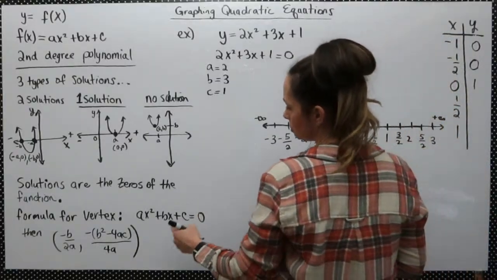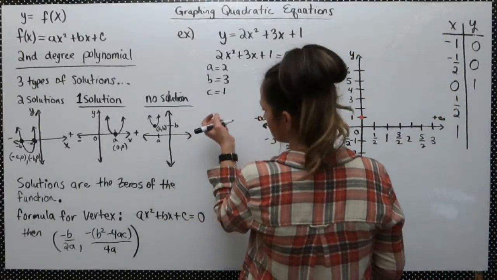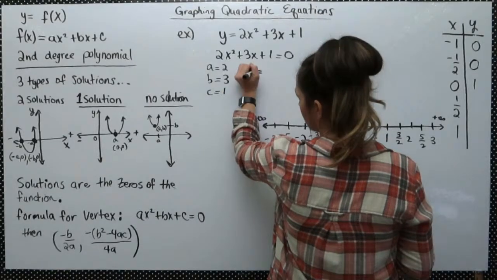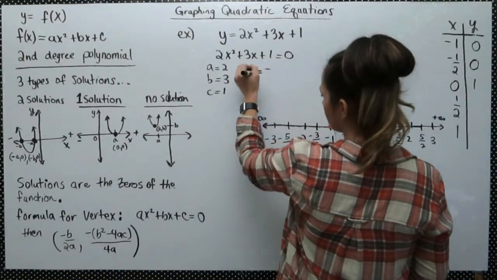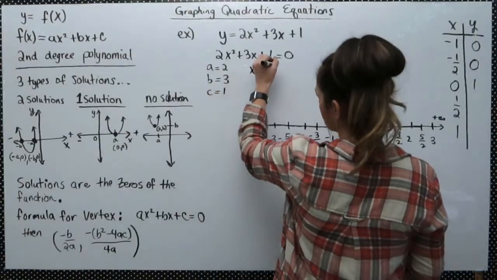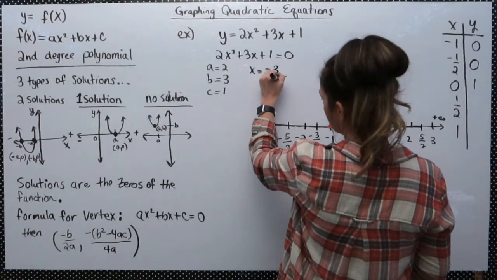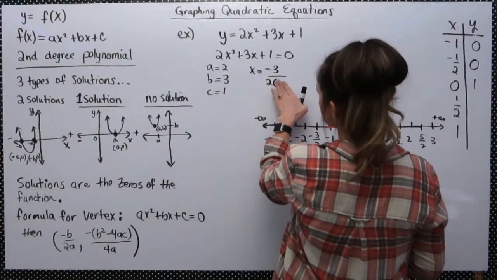And then you use that form, you're just plugging in. So for the x coordinate, you have negative b over 2a, 2 times 2.